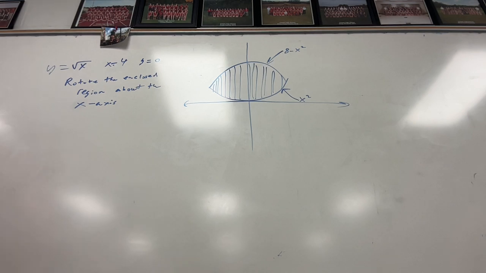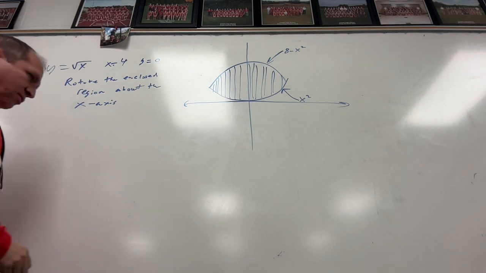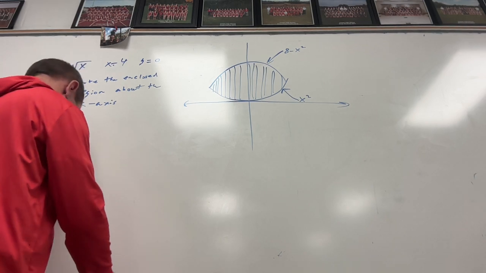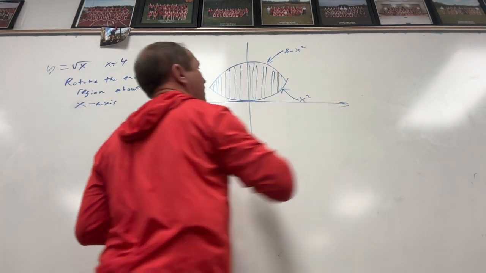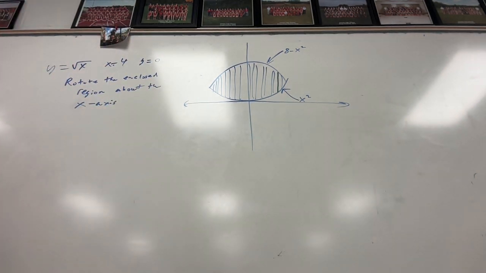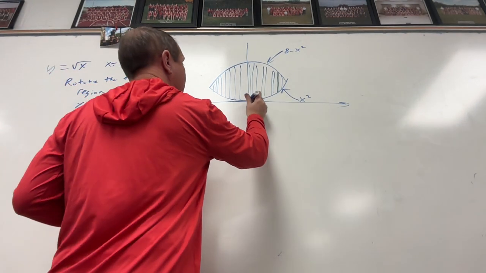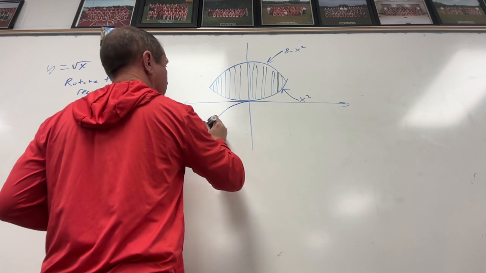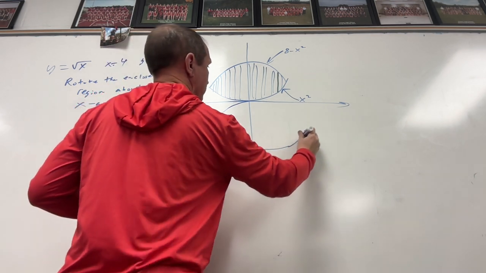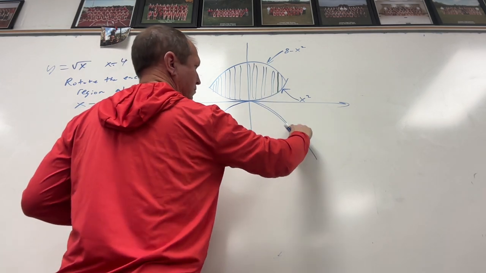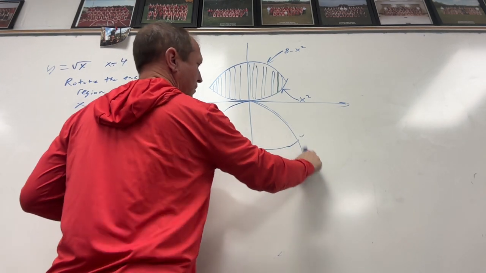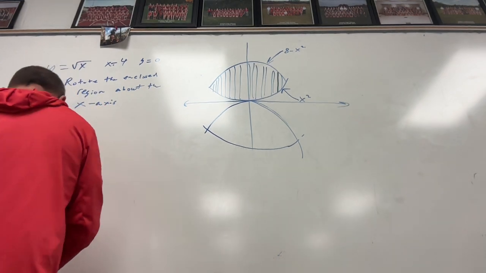Now, think about what this cross section would look like if I took this cross section here and I rotated that cross section about the x-axis. Like a drill. Are you saying that, or would it be symmetrical?